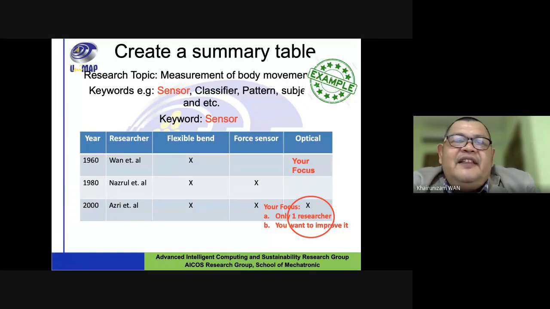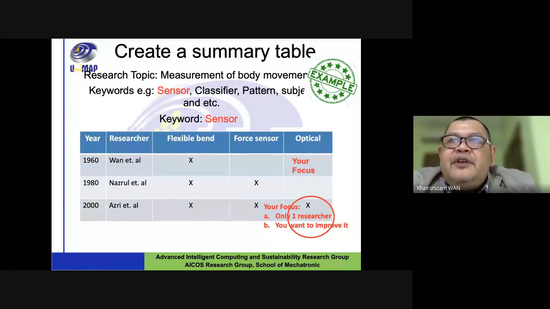Maybe it has an advantage, which is why they chose to use a flexible band. And for the force sensor, only 1980 and 2000, Nazrul and Nazri et al., used a force sensor. But for the optical sensor, only Nazri used it.